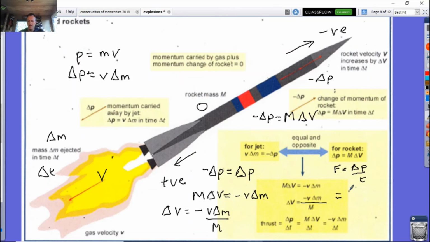That's why you've got your M multiplied by your delta V divided by delta T in that one there, or you can have here minus V delta M divided by your delta T, because this one is going to be the one for the rocket, and that's going to be the gases coming out.